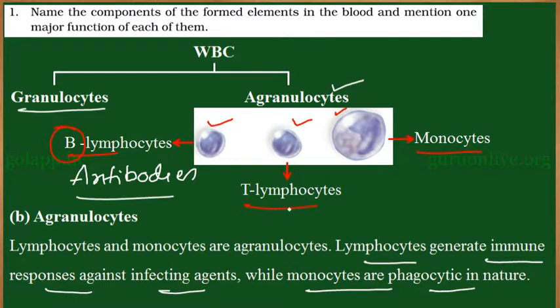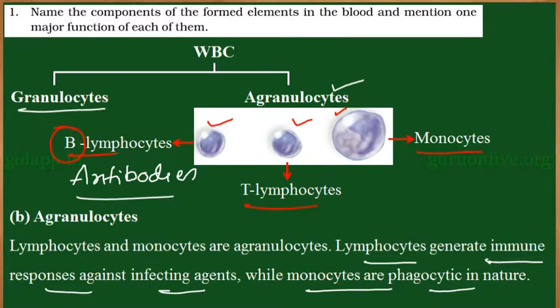T lymphocytes further kill these foreign substances by making many pores on the plasma membrane, and when it makes many pores on the plasma membrane, more water and other substances enter into the cell and the cell will finally rupture. So B lymphocytes and T lymphocytes fight against the foreign substances and they generate an immune response.